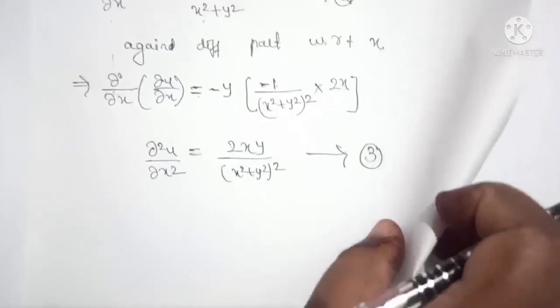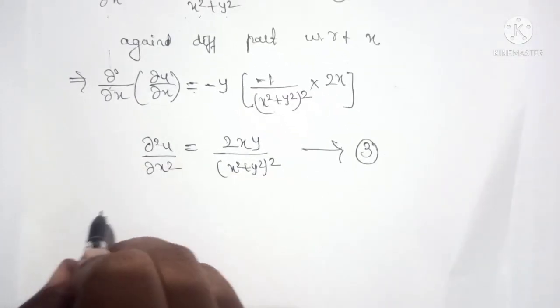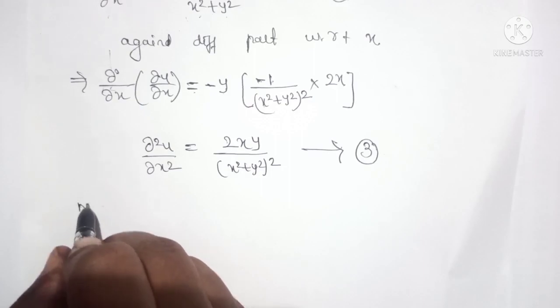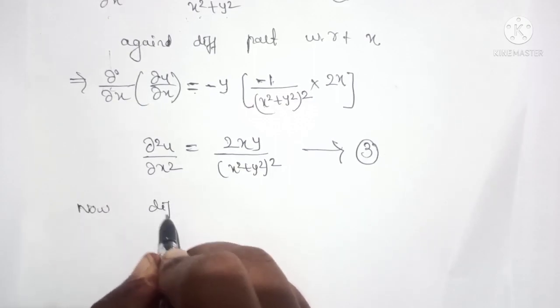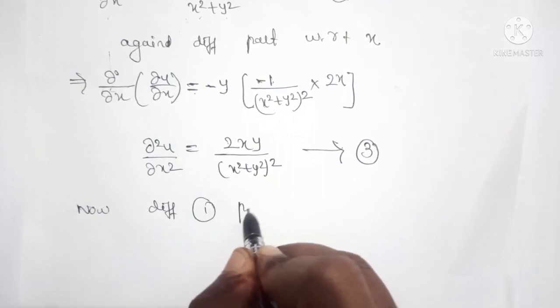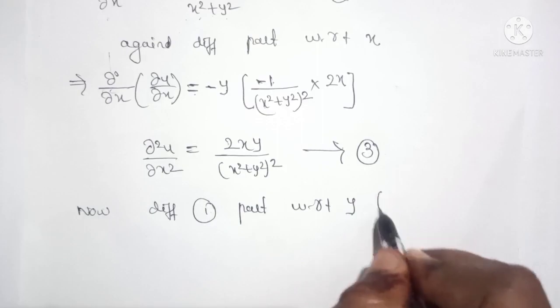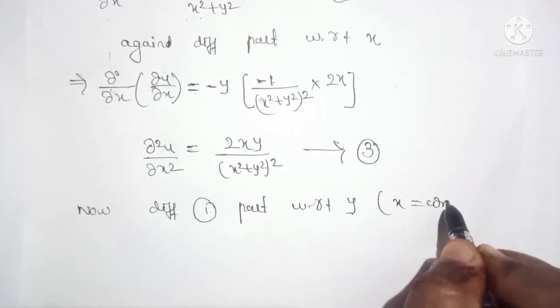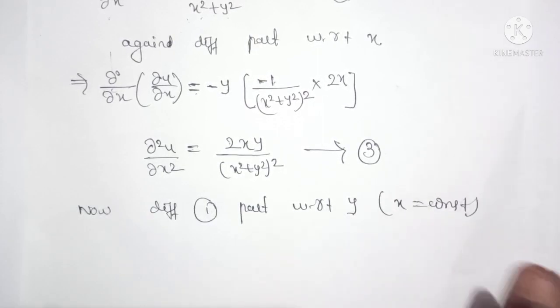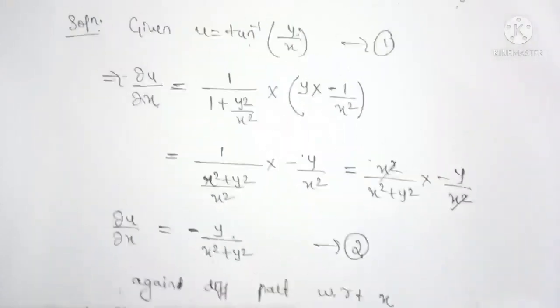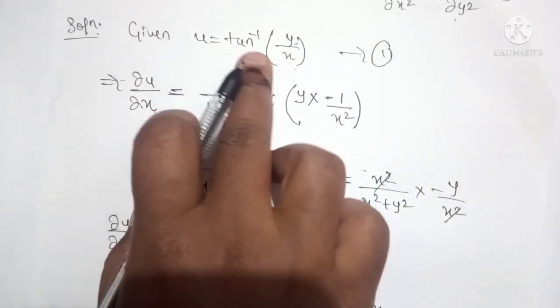Next, again we differentiate the given function, that is equation 1, partially with respect to y. So here we treat x as constant. Equation 1 is this one, u equals tan inverse of y by x.